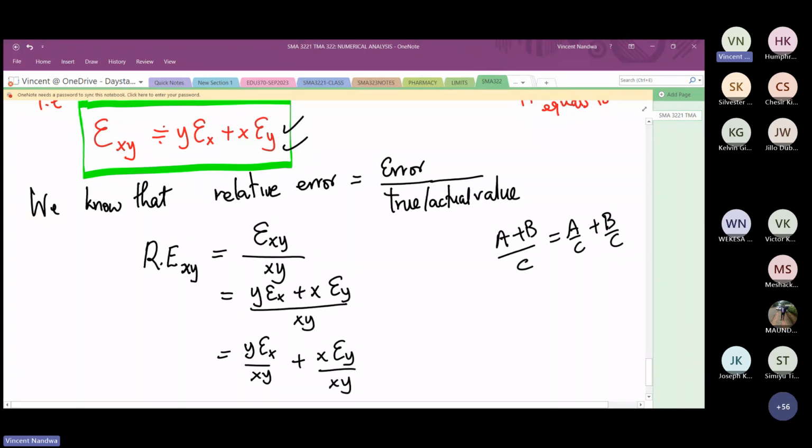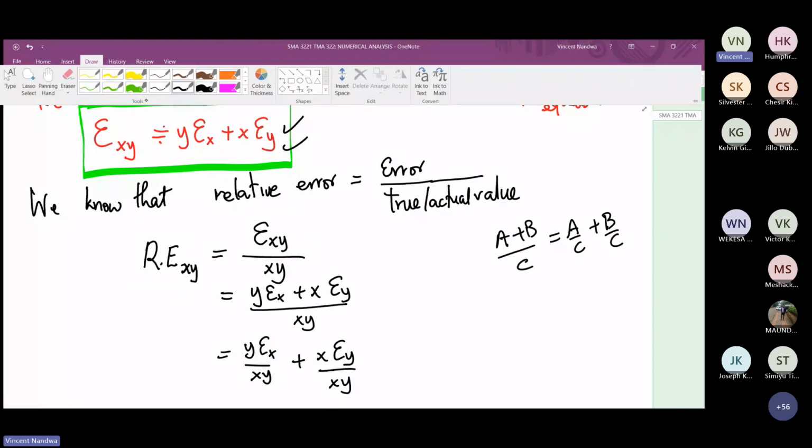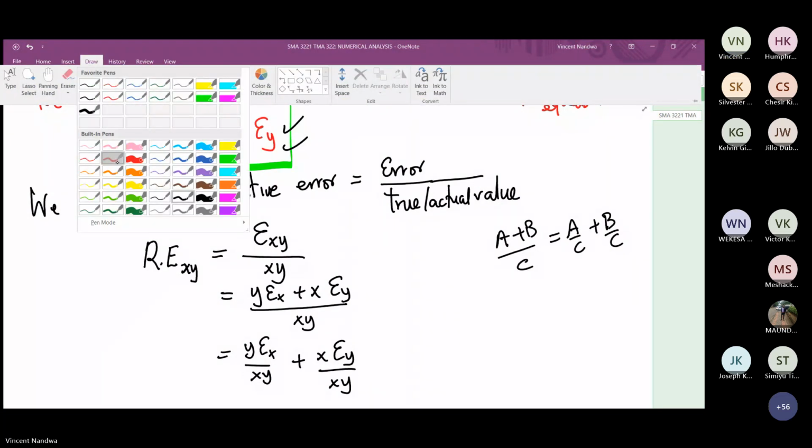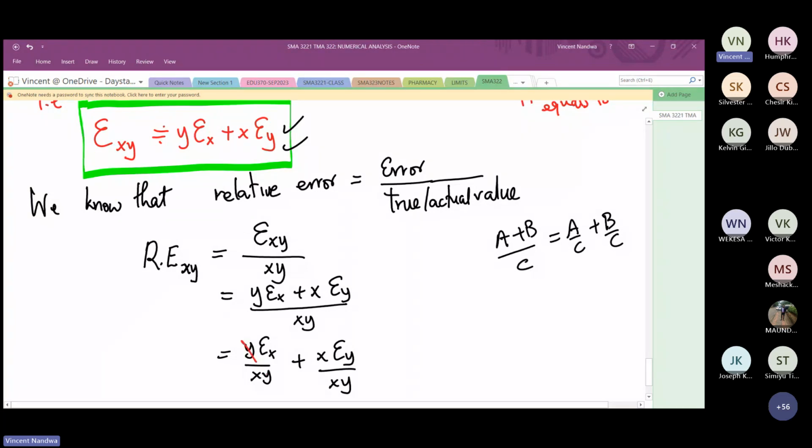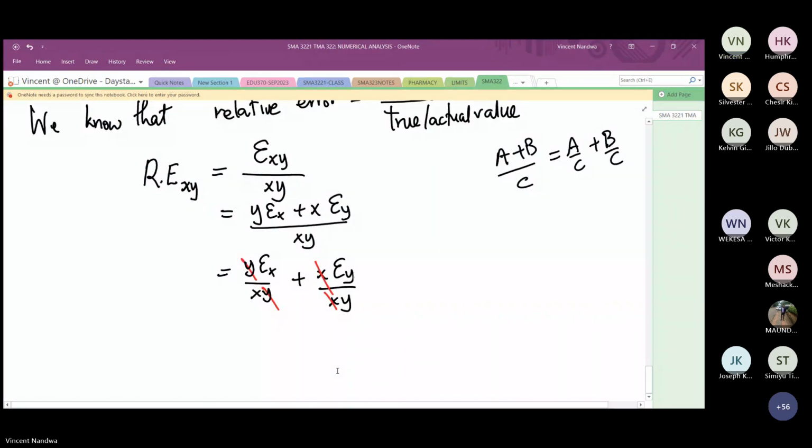We are not breaking any rule, neither are we performing any miracle. It is the same equation. Then by doing that, some things will cancel out. So y and y cancel out, x and x cancel out. So this will give us error in x over x plus error in y over y. So we're saying that this is the relative error in x times y.